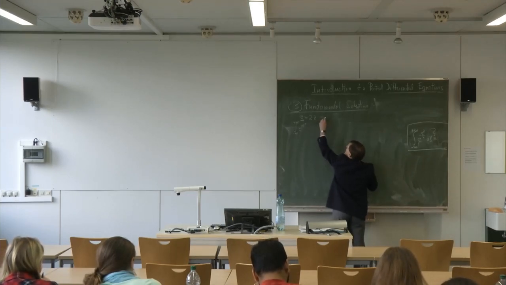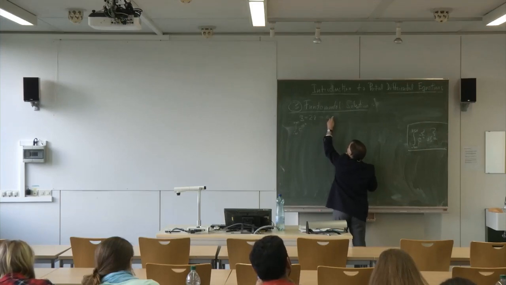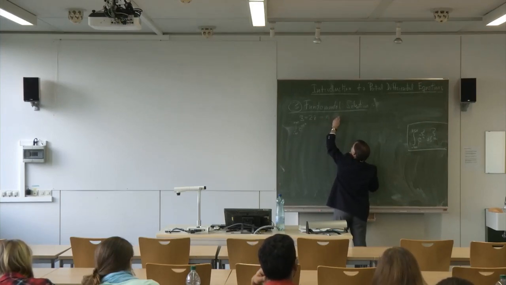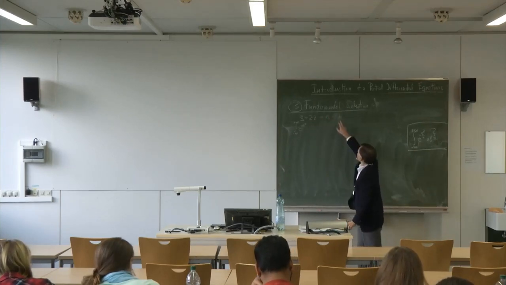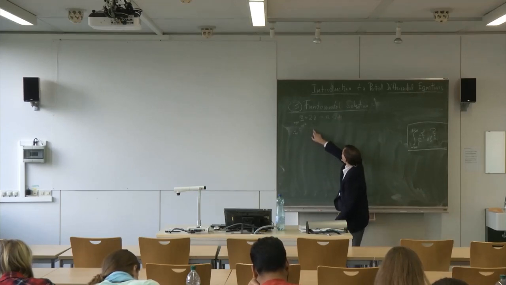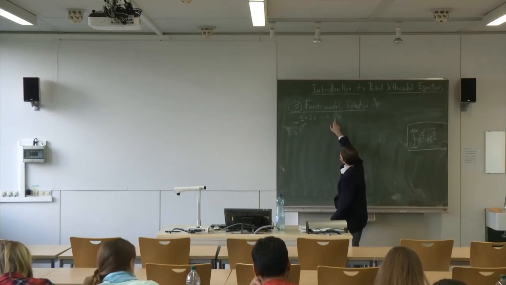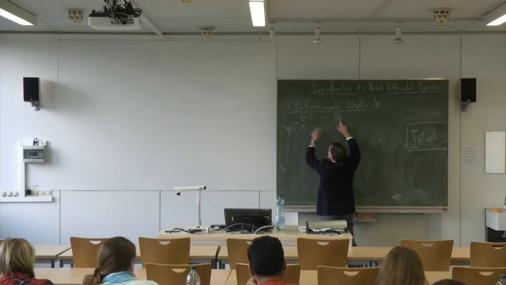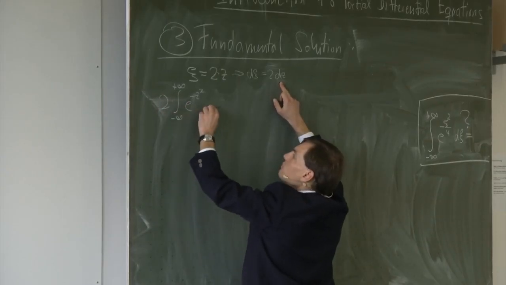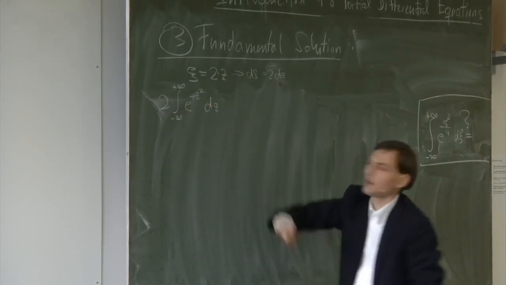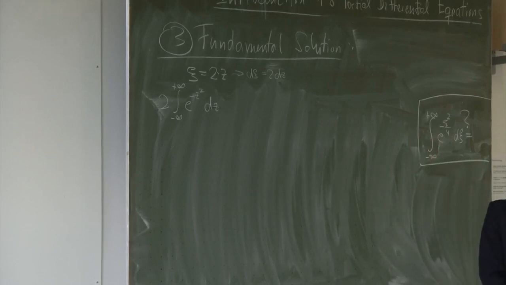So let's take the derivative of my assumption. That is d xi is equal to 2 times d zeta. So if I have d xi here, I can write down 2 times d zeta. Well, the 2 is a constant, so move it immediately in front of the integral. That is 2 times this integral.